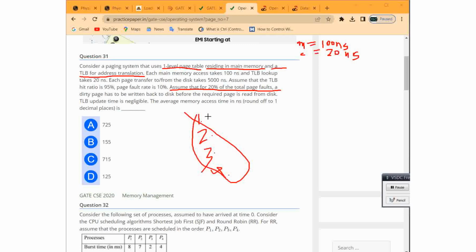All right, so we can have 4 or 5 cases in this question. Let's see what case 1 says, when we have a TLB hit. As we see, the TLB hit ratio is 95%, and we write the probability as 0.95.